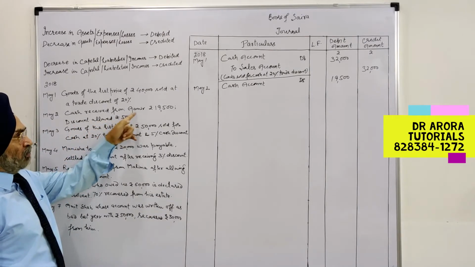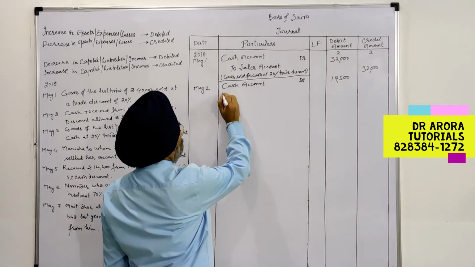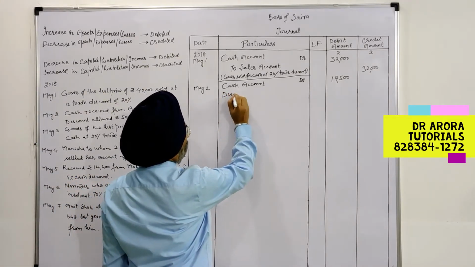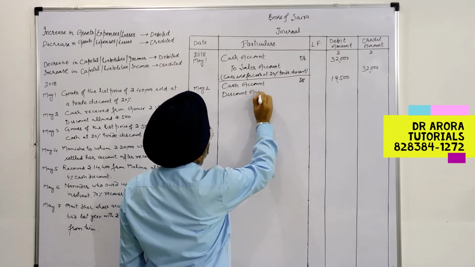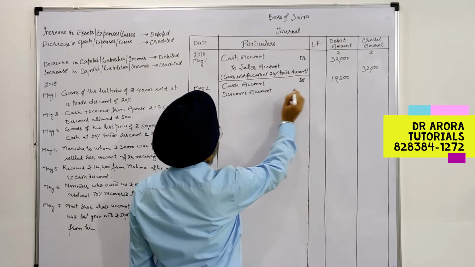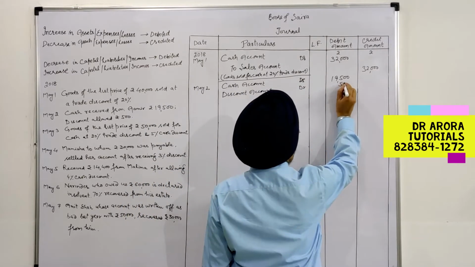Discount is also allowed to Amir rupees 500. Discount is our expense and any expense or loss is to be debited. Increase in expense or loss debited, debit all expenses or losses.